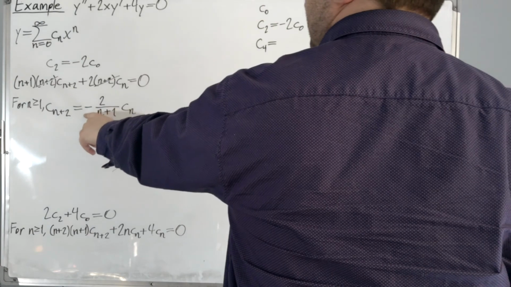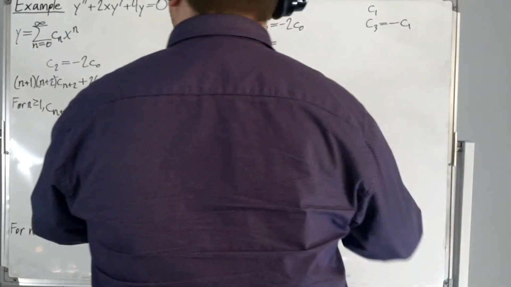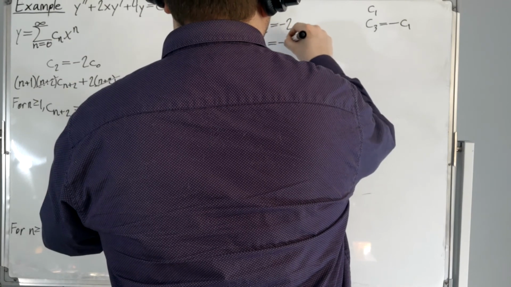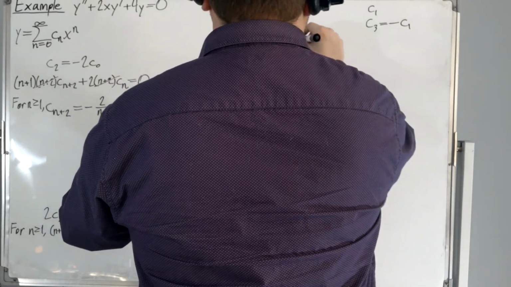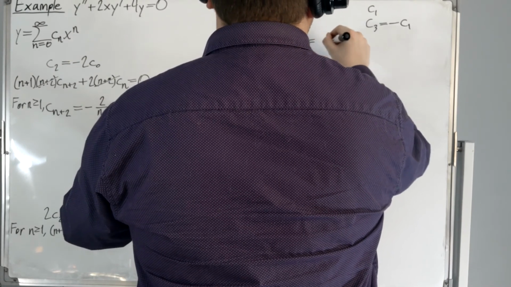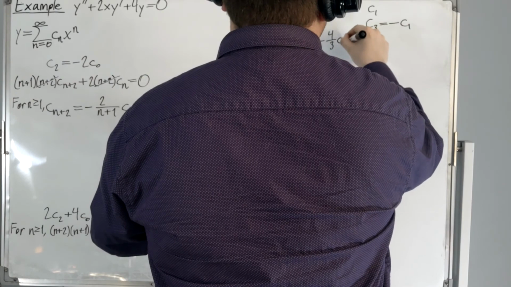C4 is going to be when n is 2 in this equation, so that's negative 2/3 times C2, which in our case is going to be negative 4 over 3 times C0.